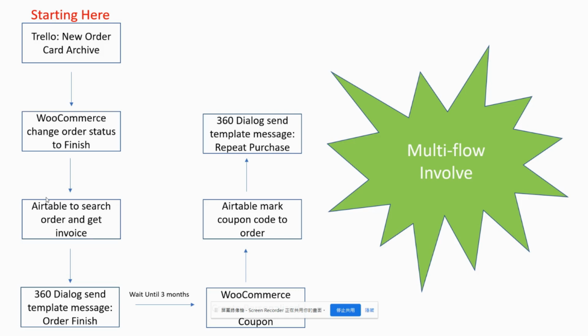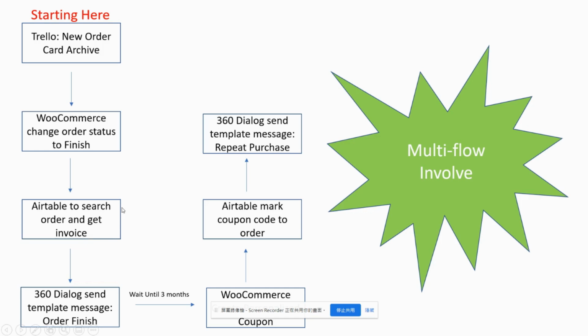I use Airtable in my business to store all the consumer information, the order information, and the line items the consumer purchased. Using Airtable is relatively easier for me to check the information or to see which kind of products is the best selling, rather than checking in your WooCommerce platform or the WordPress platform.